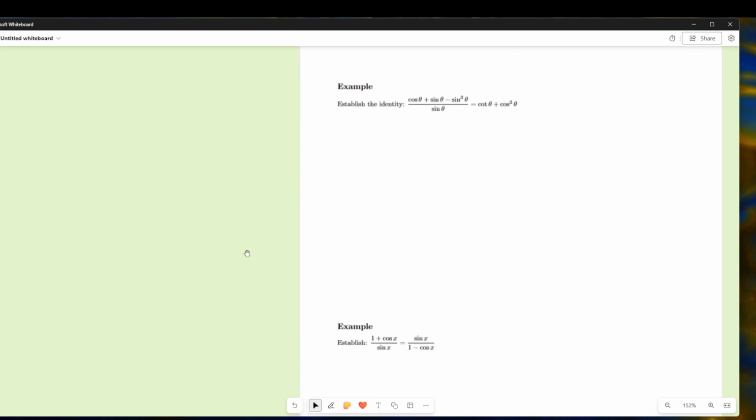Well, that's got a sine to the third theta. That's going to be ugly. But the reason that these identities work is because this can kind of magically simplify down into this. That's essentially what we're being told, is that this has some nice interaction inside of it that will allow it to simplify down into this.